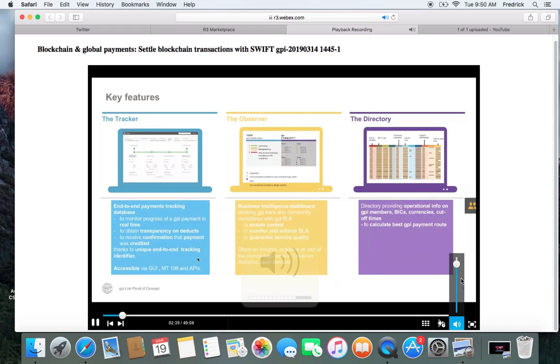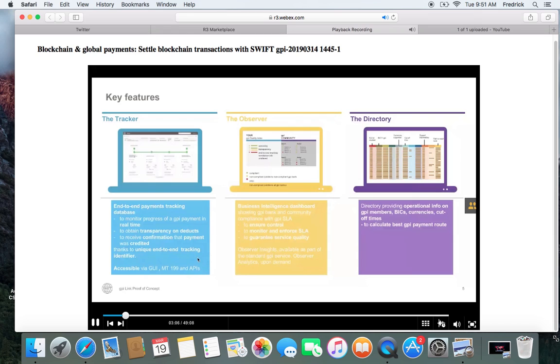It mainly is, for instance, about same-day processing of payments. Banks are obliged to process the payments same day, but of course they can disclose their cut-off times in the directory. So this allows us to track the payments and to see if banks behave according to the rules. And this adds the transparency that is so much wanted.